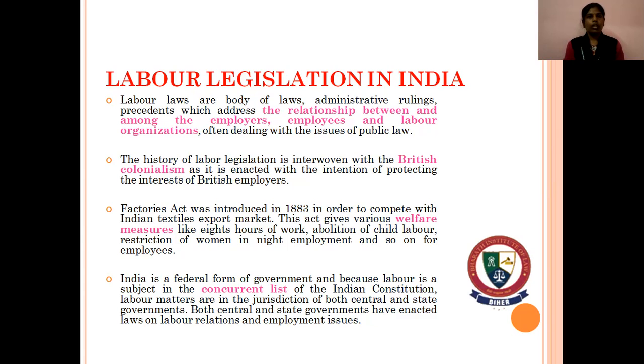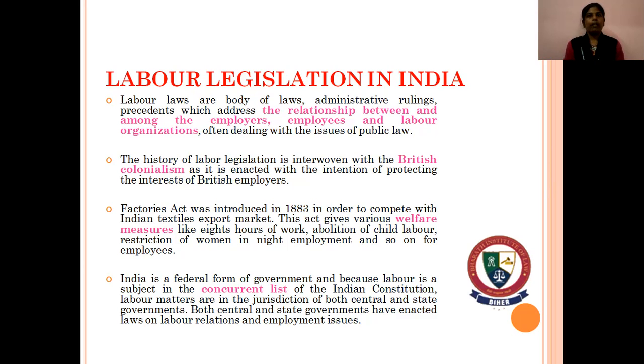Some of the laws which were very helpful for the laborers: they defined the working conditions, that is, how many hours they have to work, what their time of working is, how they will be getting salary for a week, and what their shift is. These are the working conditions that have been mentioned in their act.